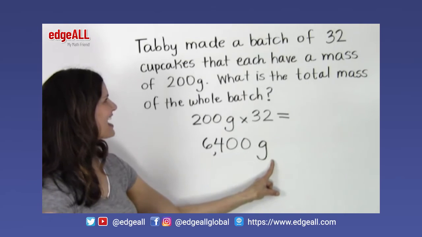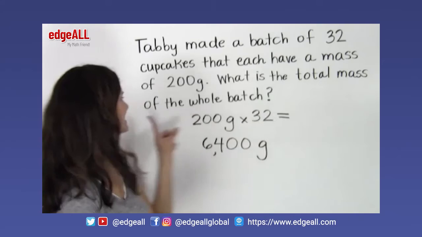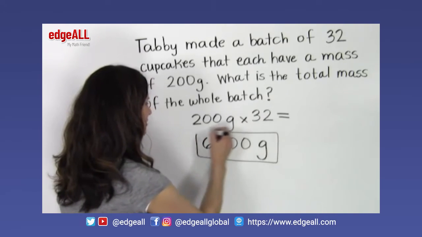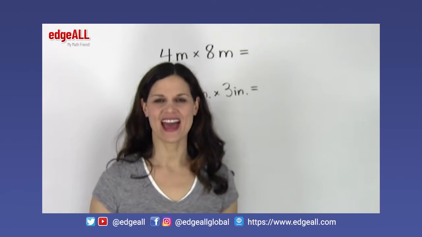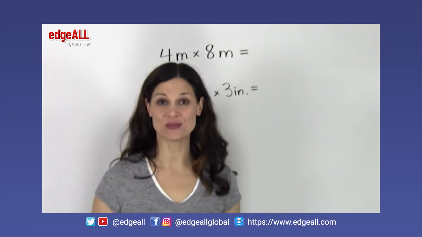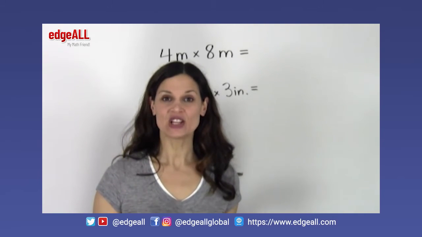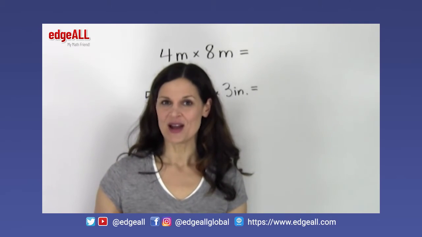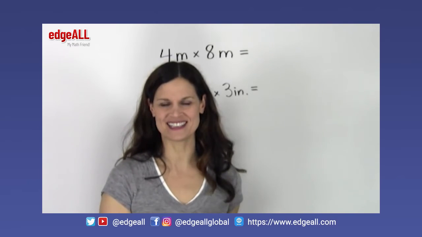So we can say that Tabby made a total mass of 6,400 grams of cupcakes. We've taken a look at what happens when we multiply a unit of measure by a number. Let's take a look now at what we do when we multiply a unit of measure, or a measurement, by another unit of measure, or another measurement.